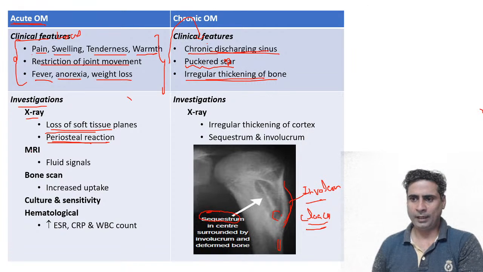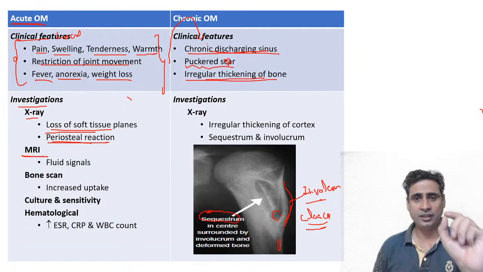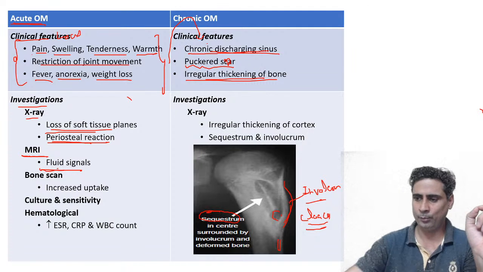In acute osteomyelitis, if we are suspecting osteomyelitis and there are no changes, we can do MRI, which is the most sensitive radiological investigation for acute osteomyelitis, and it will show fluid signal before the X-rays become positive.